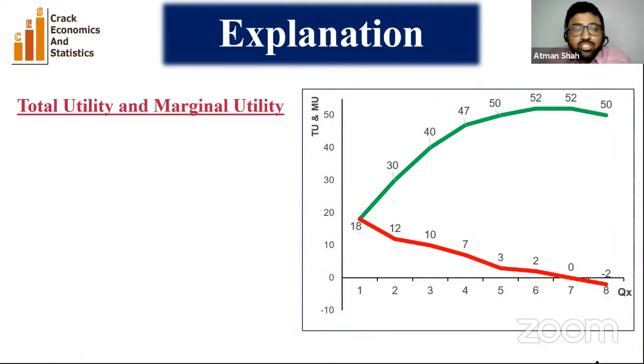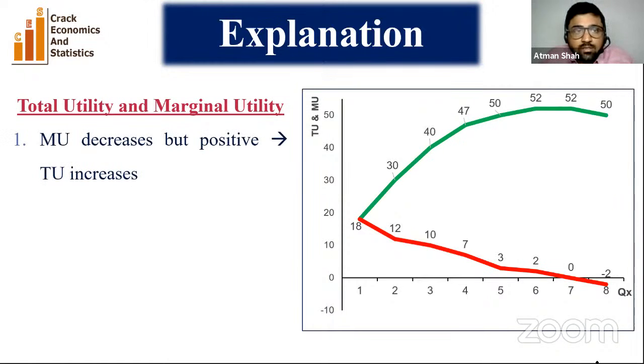Now, what is the relationship between total utility and marginal utility? First, when marginal utility decreases but positive, see this portion up to 6th unit, first to 6th unit, MU is declining but positive. In that case, total utility increases here.